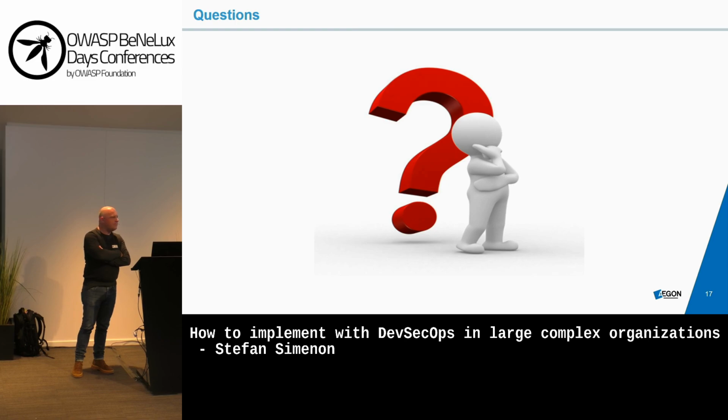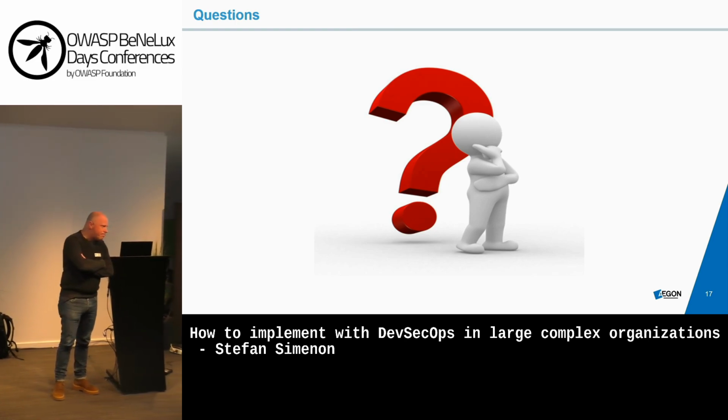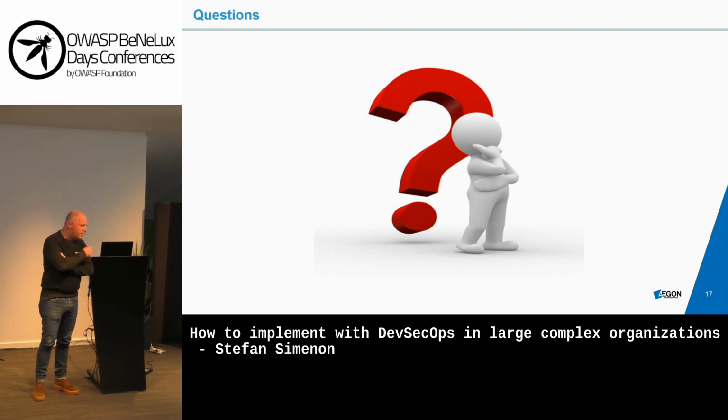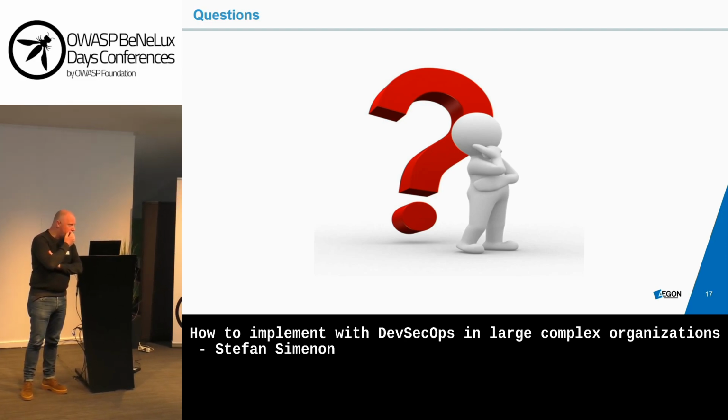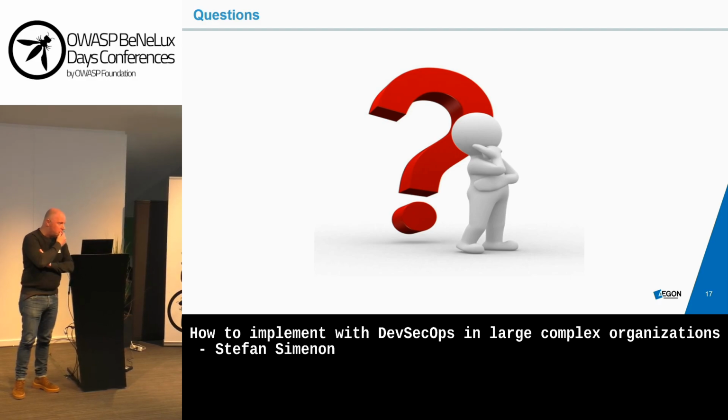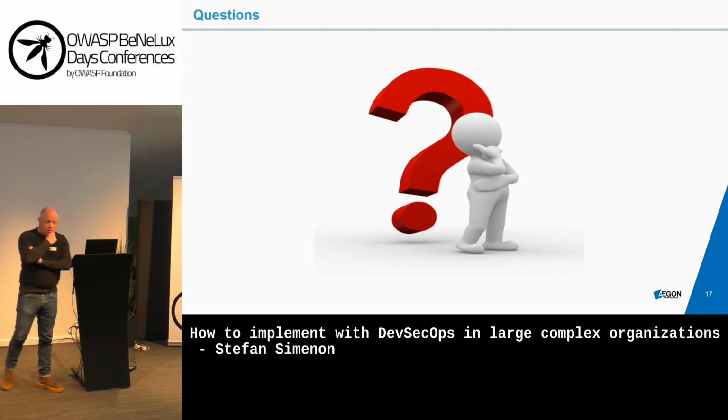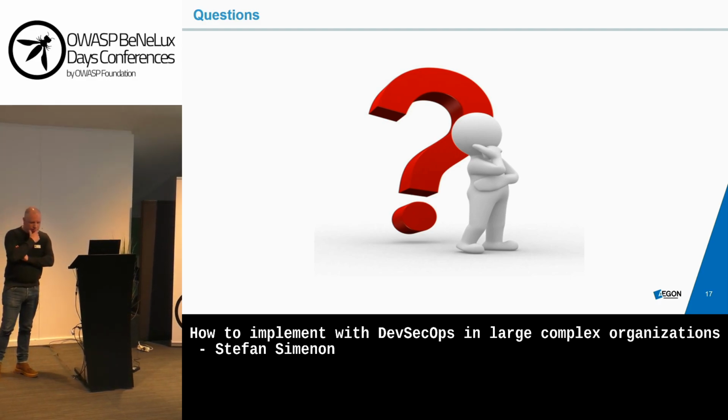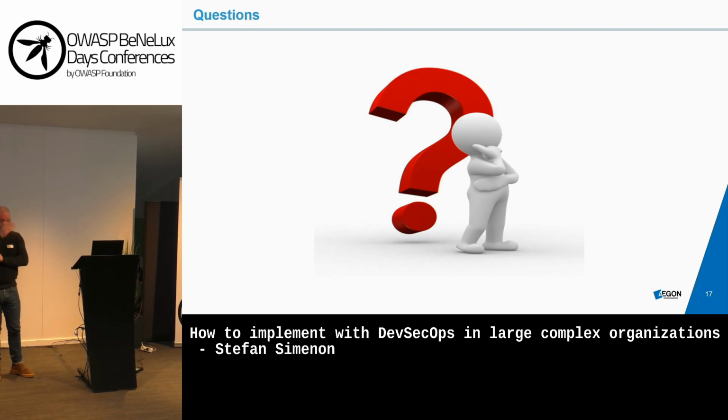Okay, thanks. My question is, what frameworks out there, what resources do you find useful while applying your own framework? Stefan, can you repeat the question? The question is what resources you find useful to implement such a journey.